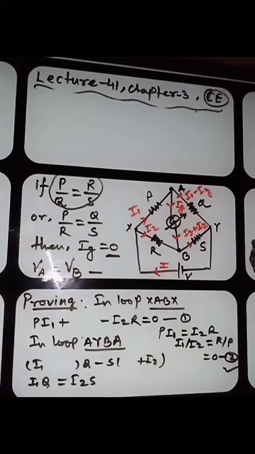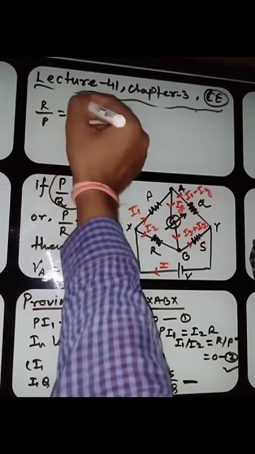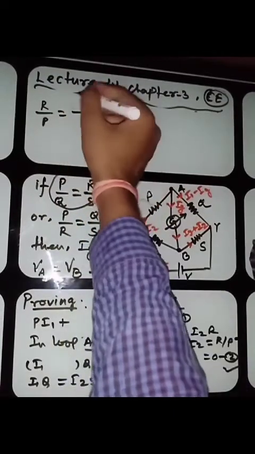Again I1 by I2, what will you get? S by Q. Okay, so this relation and that relation you will equate, the left hand side being the same. So R by P is equal to S by Q. S by Q equals R by P.